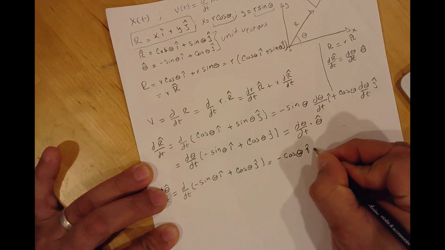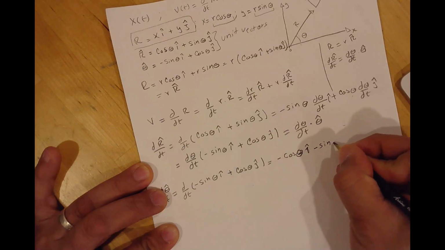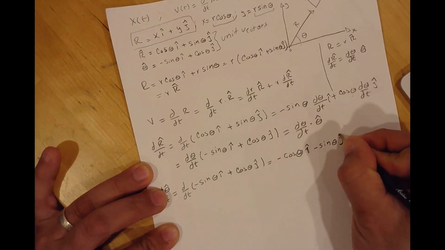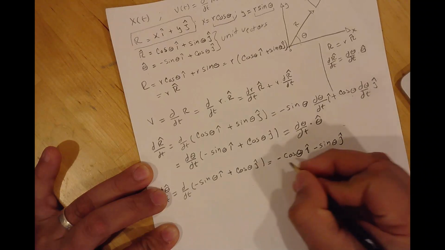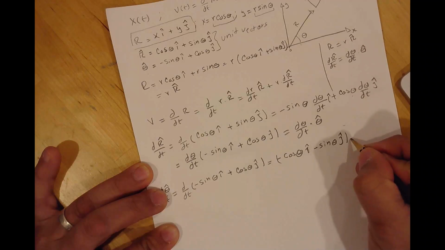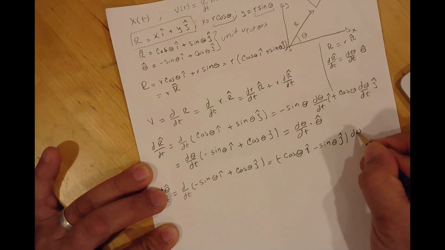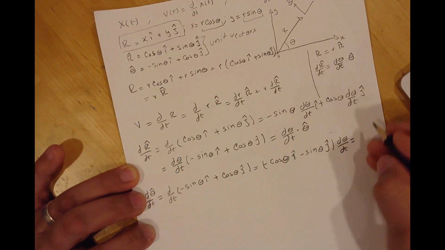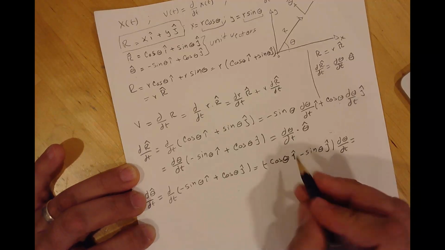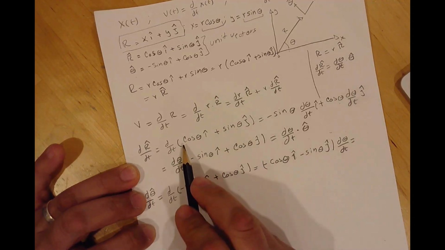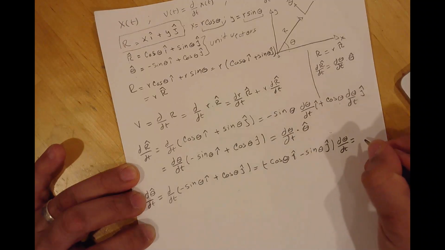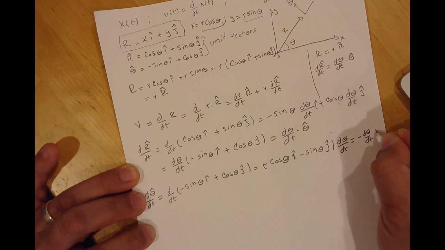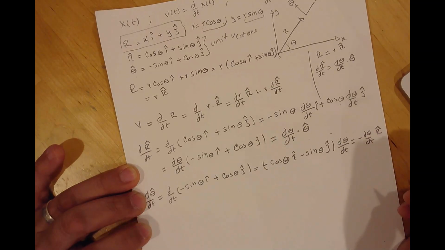I will skip those steps. If we look, this is the same as the unit vector r with a negative sign, so this is minus the derivative of theta with respect to t times the unit vector r.